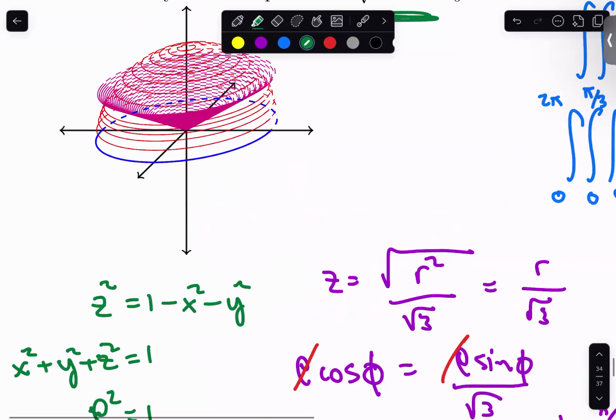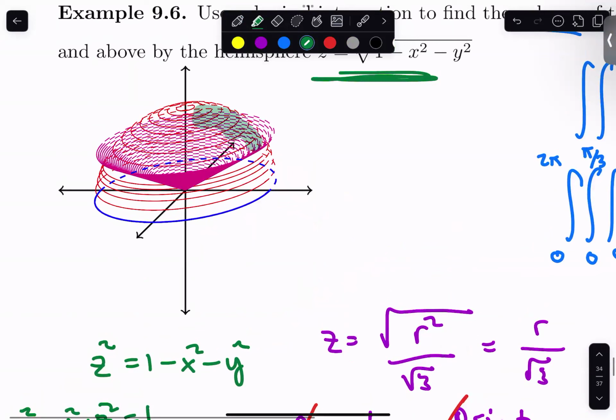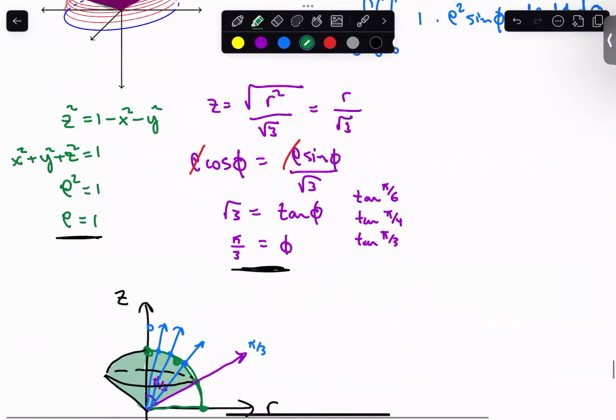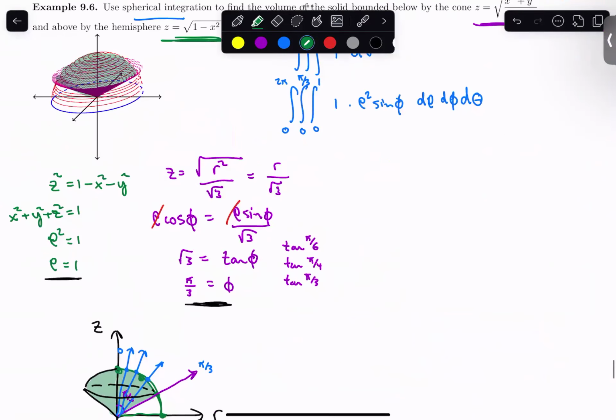So all that to say, in the original picture that was given to us, we'd want to shade this stuff here. Okay, that's the setup. Question?